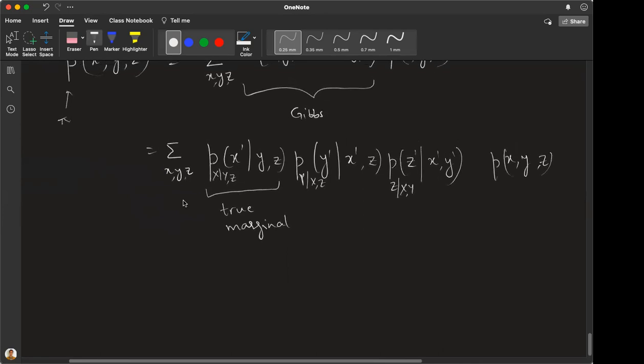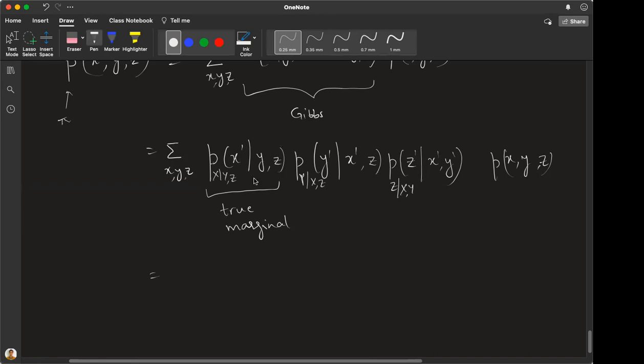Can you see that? Okay, so first of all, let's look at this. This is a summation over all x y z, and this term has got a z here. What we can see here is this is x dash y z.